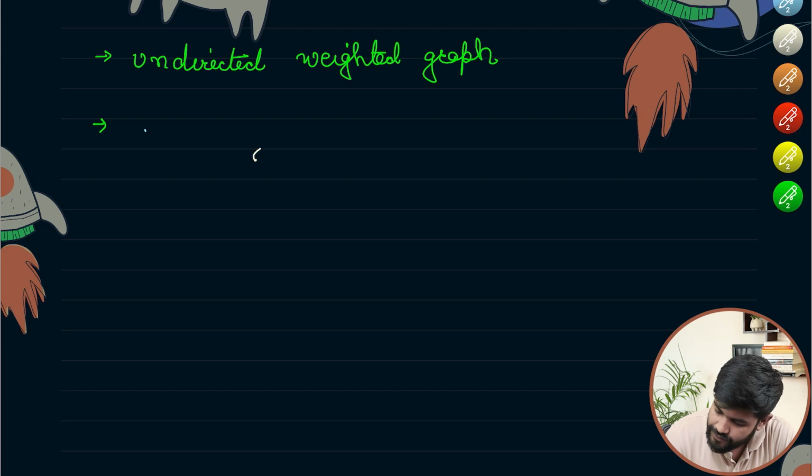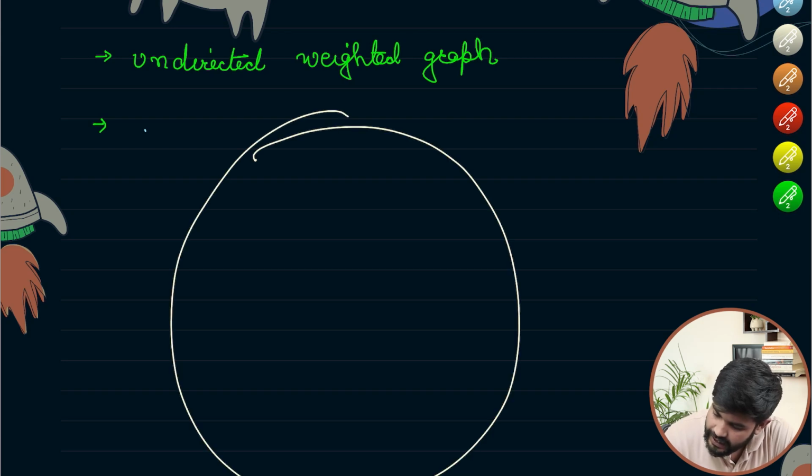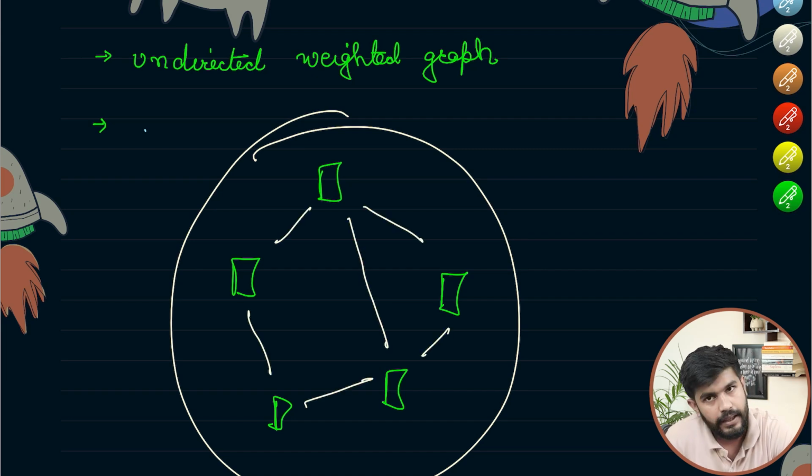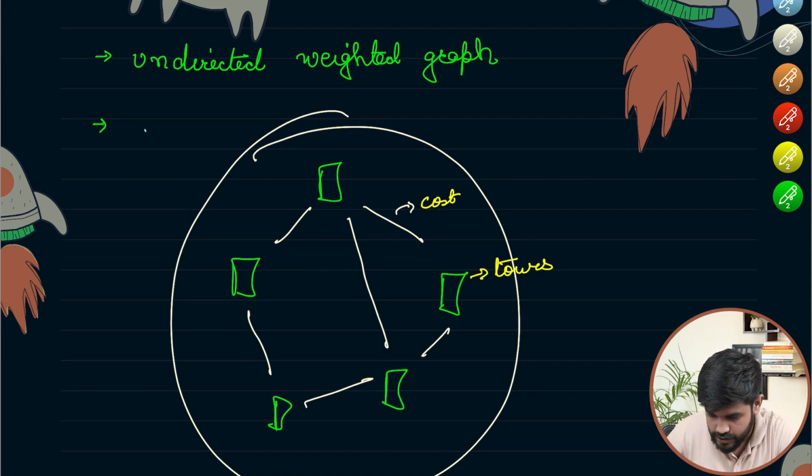Let's say we have a very big society, and in that society, there are different set of towers, and there exists some different set of roads too. Like if I just draw this, and to travel each road we have an associated cost to it. These are the towers in a particular society.